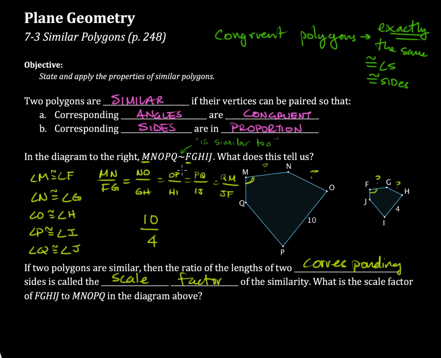This is the one that works, because I have both of these lengths. So I can take that ratio, write it out with the lengths of those segments, and now reduce. I can divide that number by 2, and I can divide that number by 2, and I get 5 over 2. So 5 to 2, or 5 over 2, is the scale factor for this similarity right here.